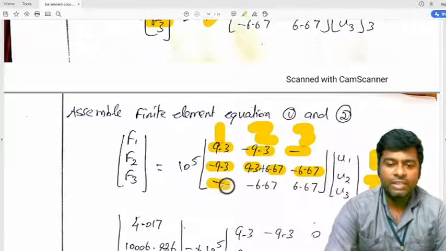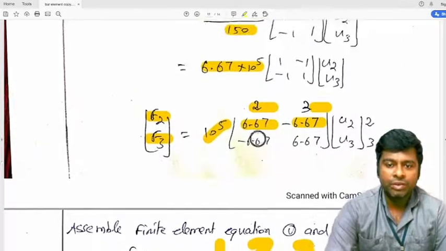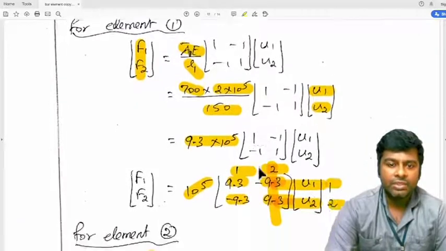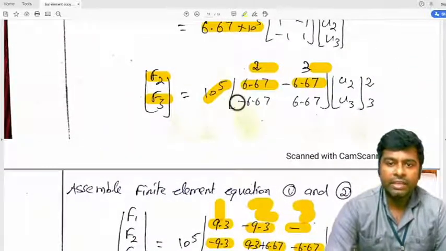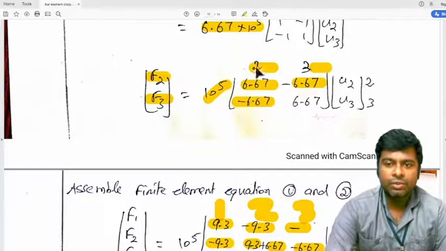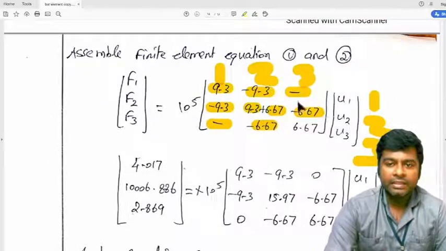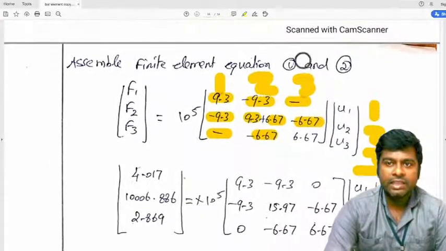There is no 1 3 from element 1 or 2, therefore simply we put a dash. 2 3 equal to minus 6.67. And 3 3 equal to 6.67.